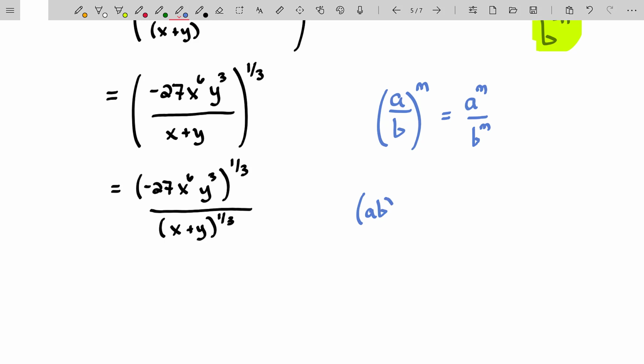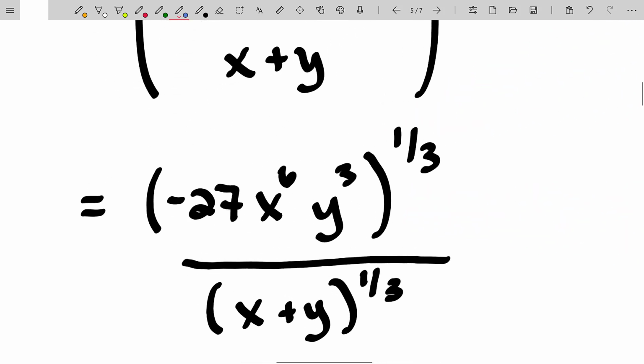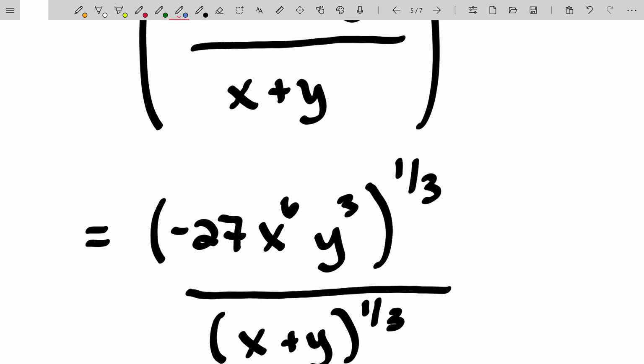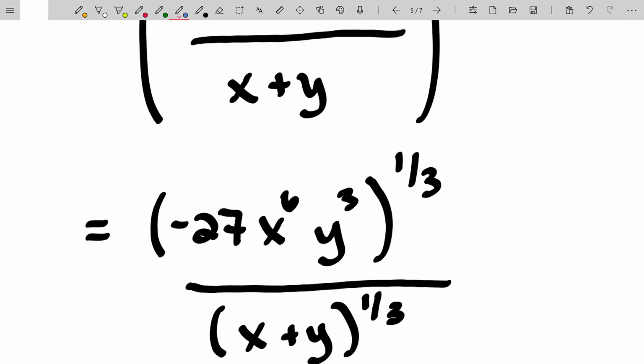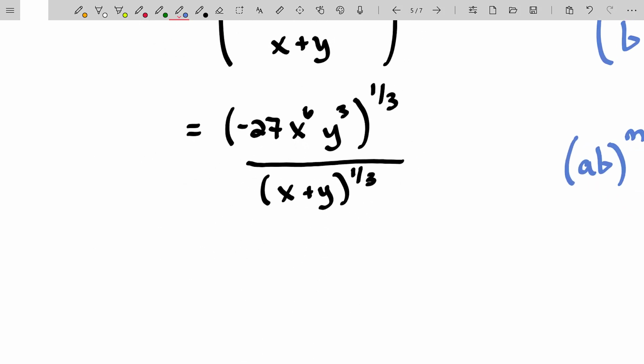A times b raised to the mth power is a to the mth times b to the mth. That is, if you have a product of factors, in this case negative 27 times an x to the 6th times a y to the 3rd, all being raised to a power, you can apply that power to each of those factors. So that's what we're going to do.